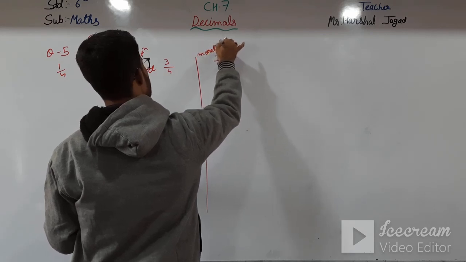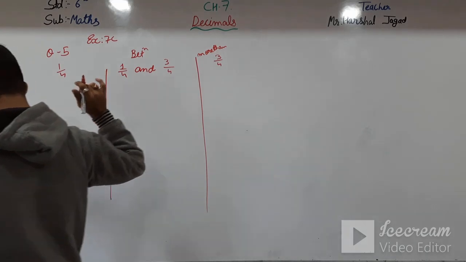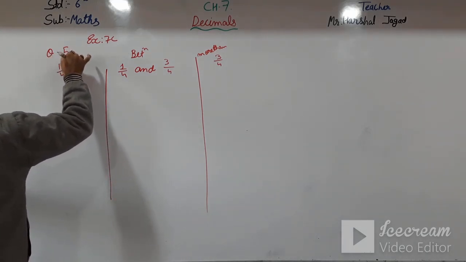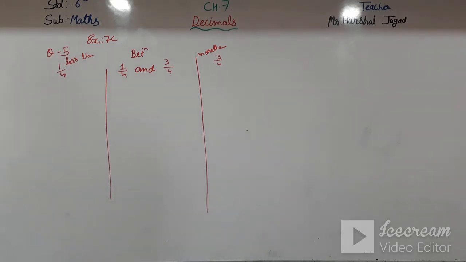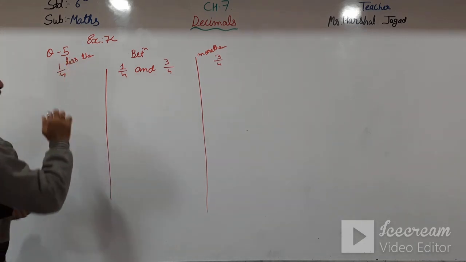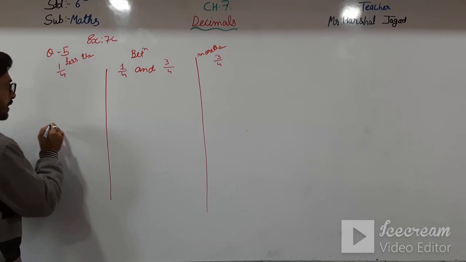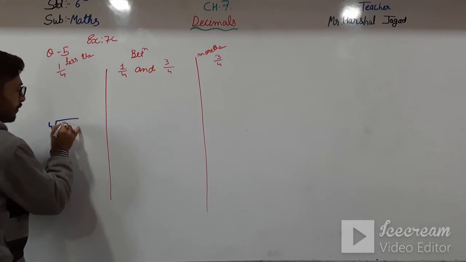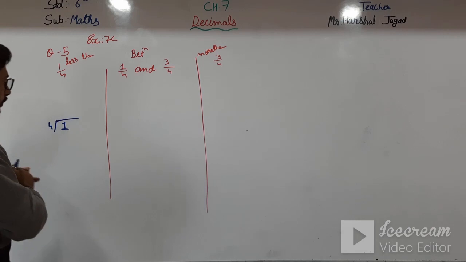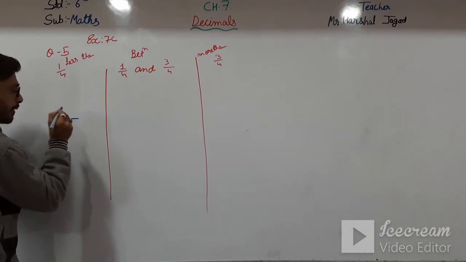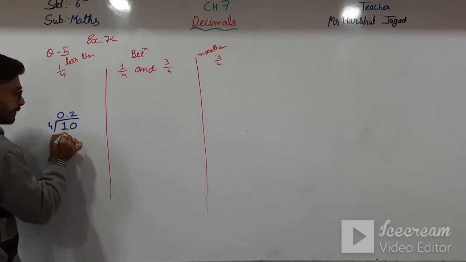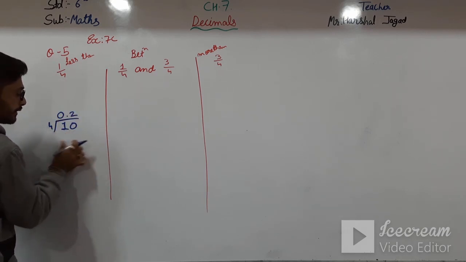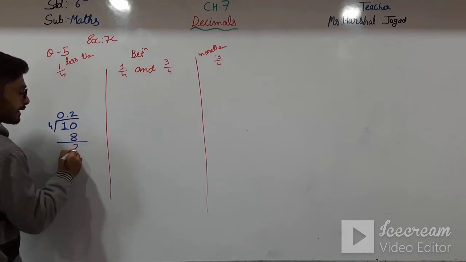So here, first of all, what is 1 by 4? If I divide 1 by 4, first of all I have to put a 0 and a point, so here it will become 10. 4 2s are 8, then it will remain 2.